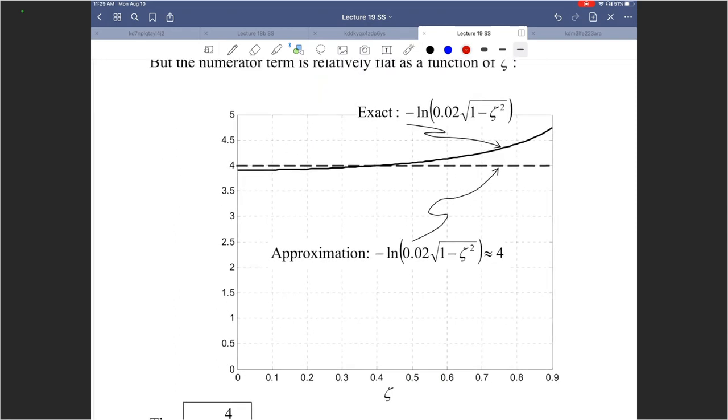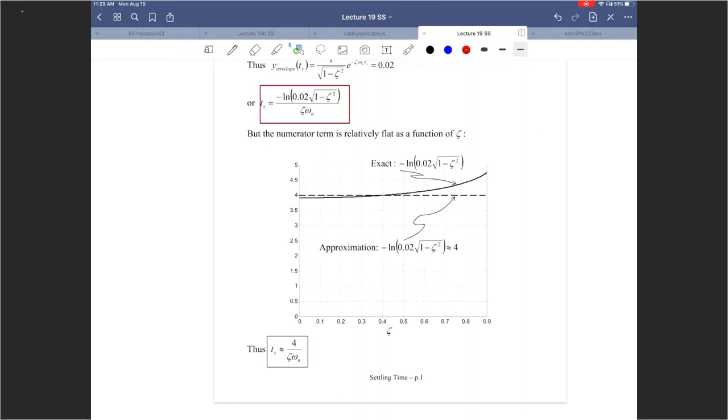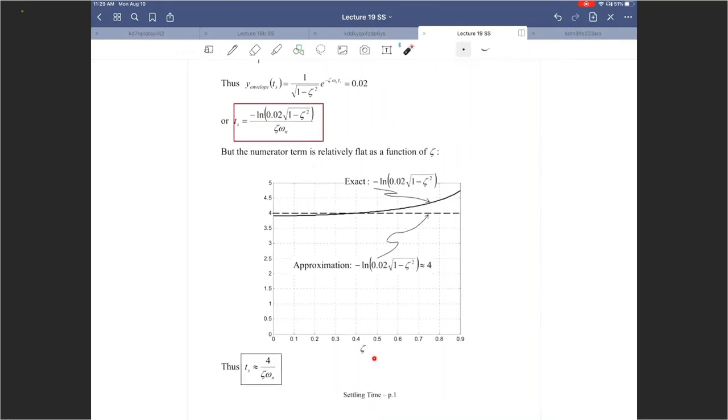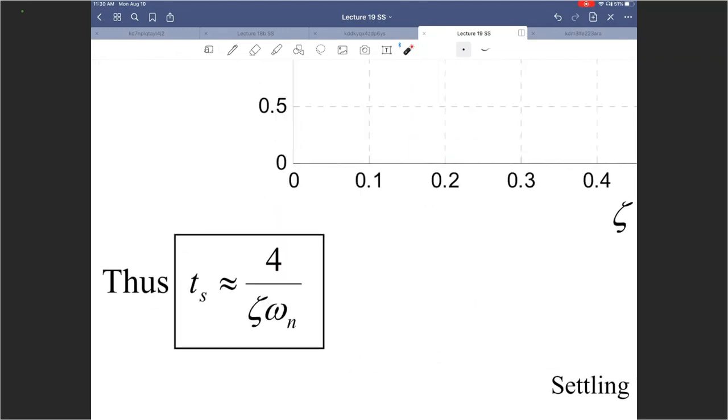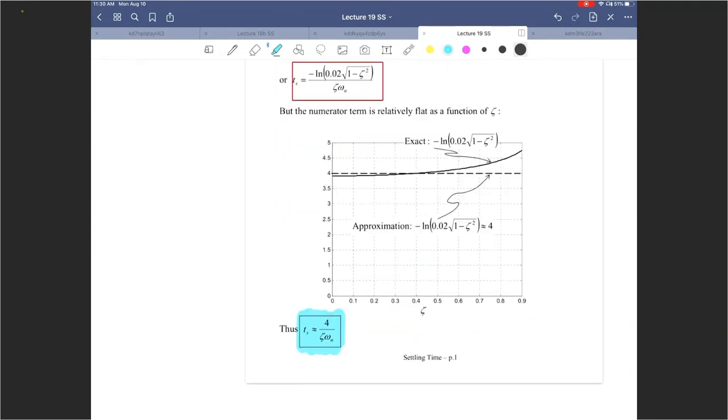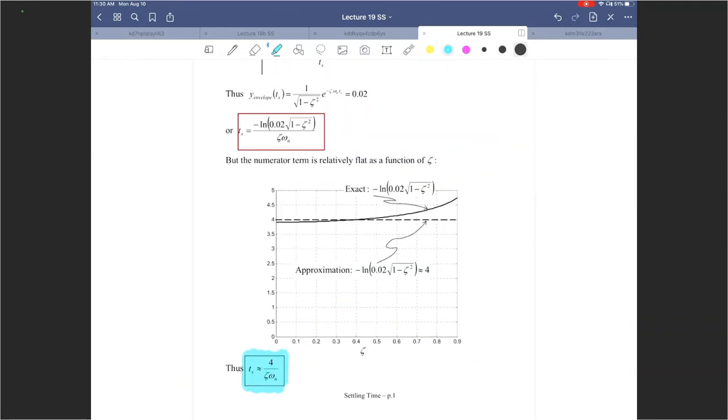But if you go down and observe settling time as a function of zeta, you will see that the numerator of this equation can be approximated to 4. So we are going to use this equation as an approximation of settling time: 4 divided by zeta omega n. So lots of equations, some ideas about how to derive them.